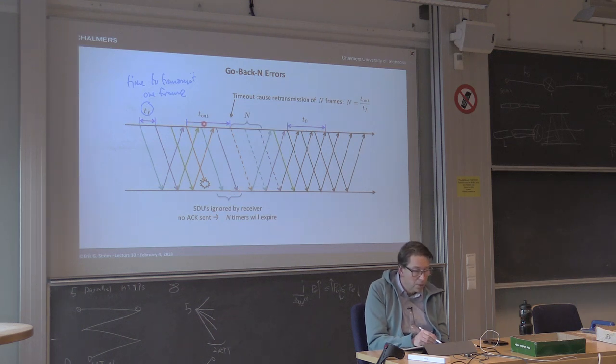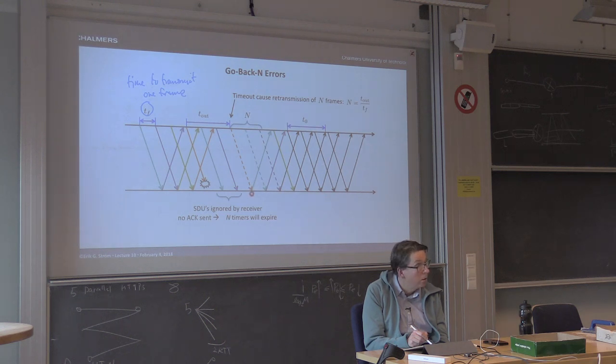Here, the timeout of the orange one hits. Since the orange one has not been acknowledged at this time, it's retransmitted here. And now the receiver is happy because he wanted the orange one. So then it can say, okay, give me the blue one, and then the blue one comes. Give me the purple one.